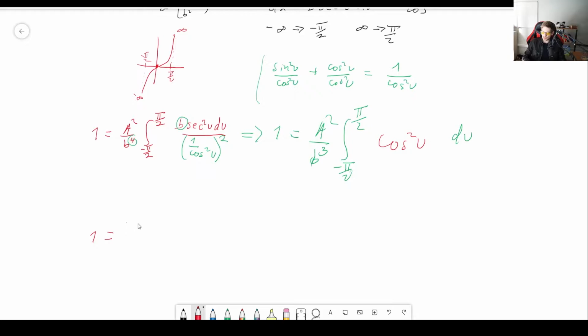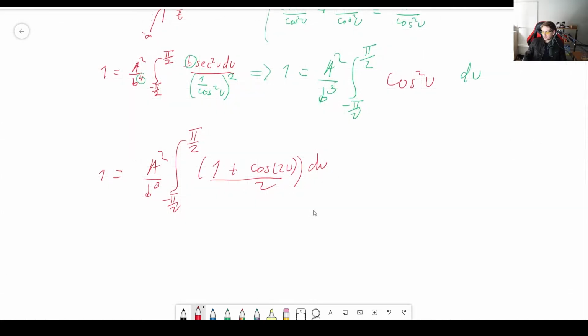Now, how do we solve that integral? We have seen it plenty of times before. The way I like to solve it is as follows. I like to rewrite cosine squared as 1 plus cosine of 2u over 2, du. That's the way that I like to do it. And now we integrate each one of these.